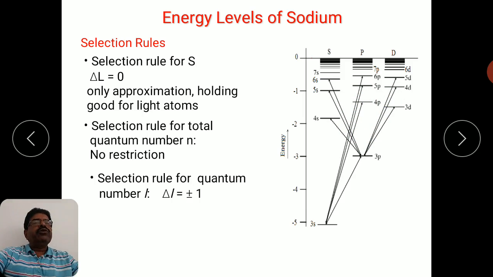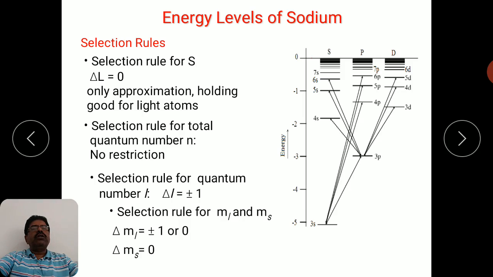You can see the different levels, all the s orbitals, p orbitals and d orbitals, and the transitions represented by these lines. These are some of the allowed transitions shown here by following the selection rules. Once you understand the selection rules, it will be easy for you to read the spectra of any particular element, and you can understand which transitions are allowed and which are not allowed.